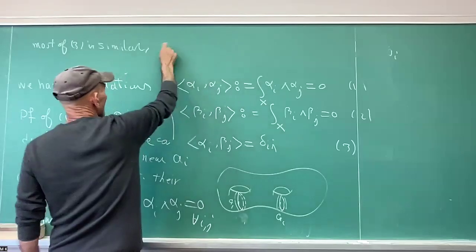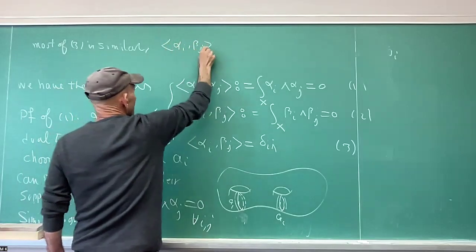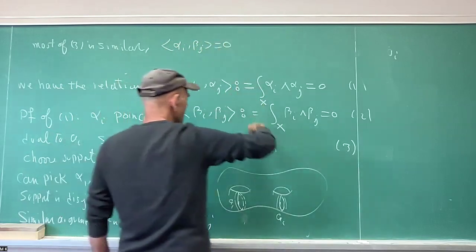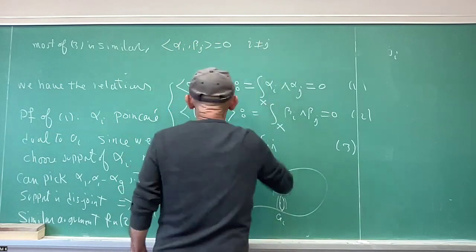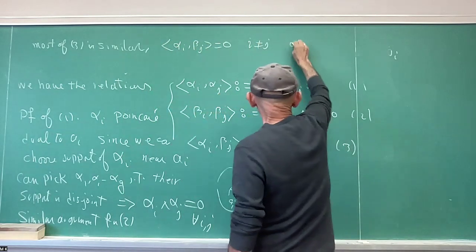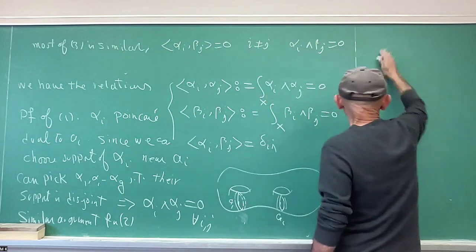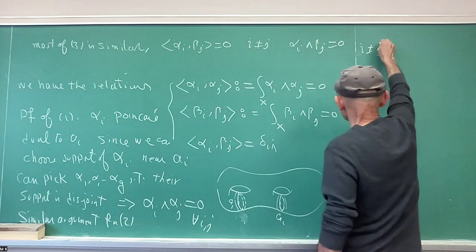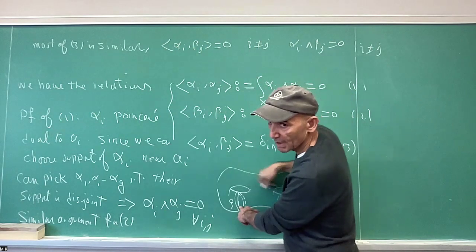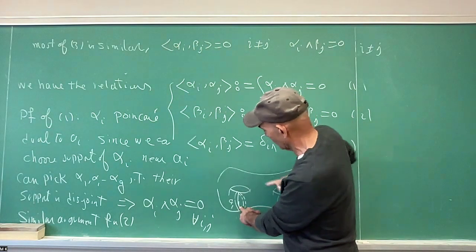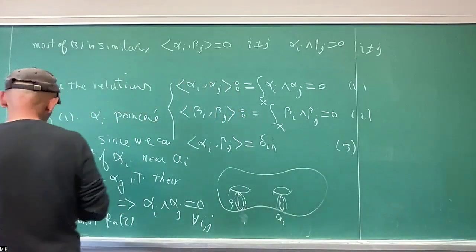Namely, alpha I wedge beta j is equal to 0 for I different from j, since the supports are disjoint. This one has support here, the horizontal ones have support somewhere else, so we can always arrange that.